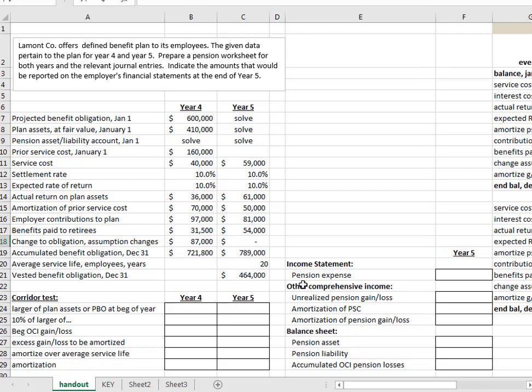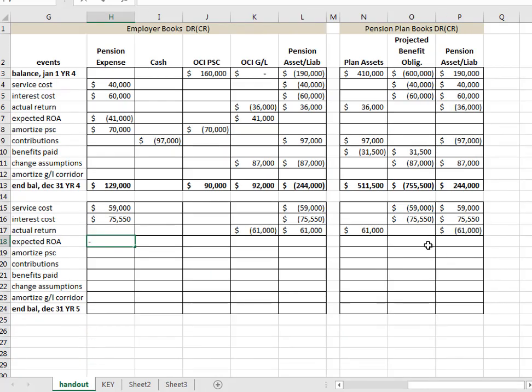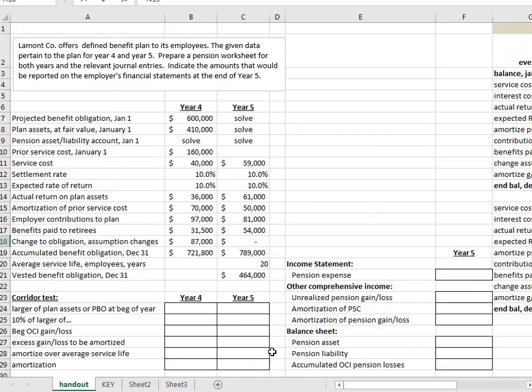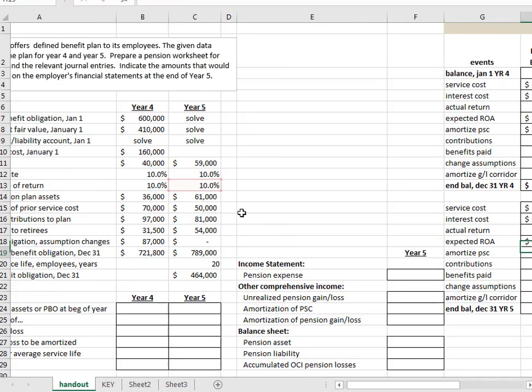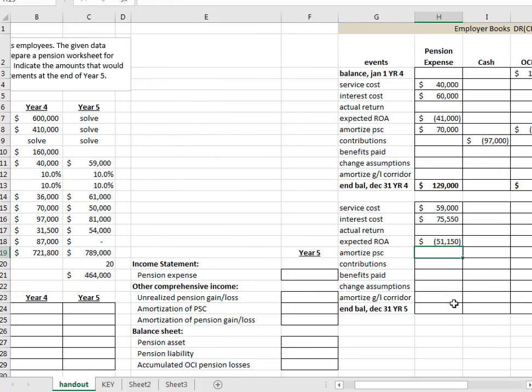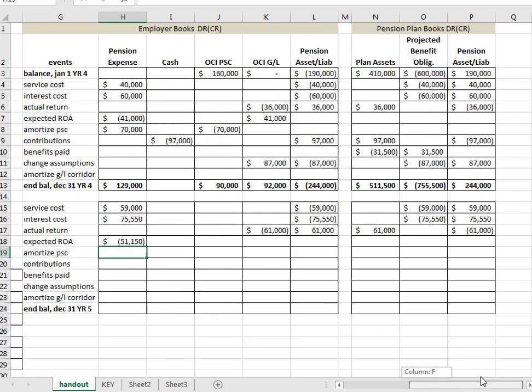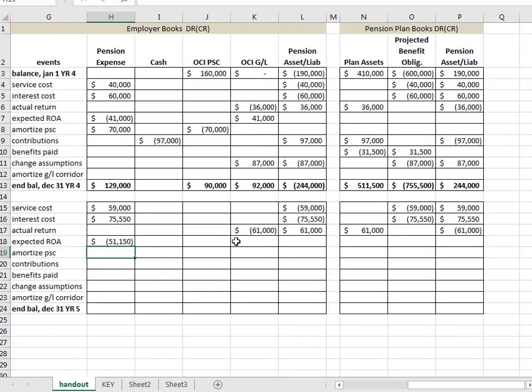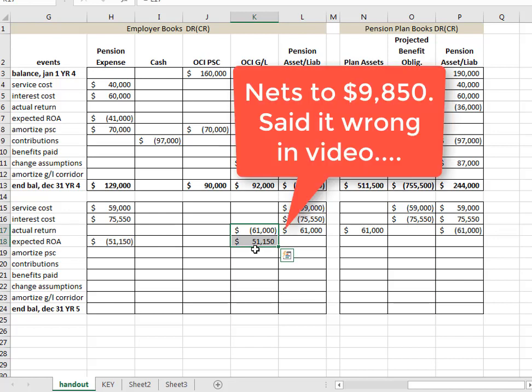Expected is going to be beginning assets times estimated return on assets. And so then the difference between the expected and the actual, they're going to net here in the OCI column, or you could make it one line and just put the net there.